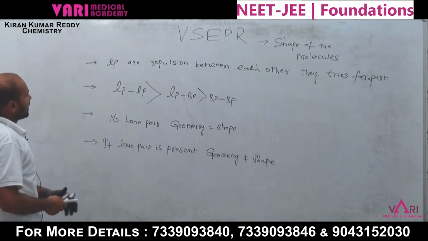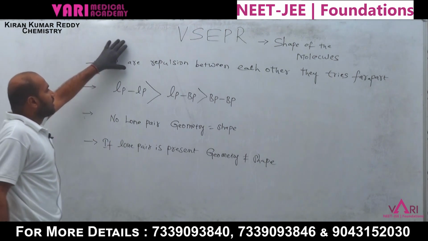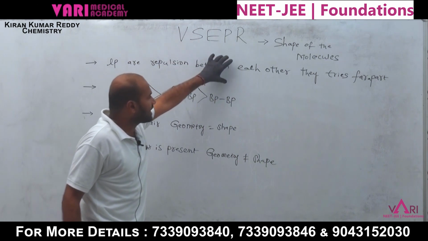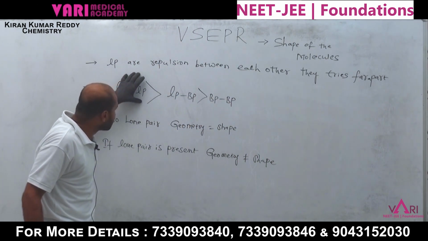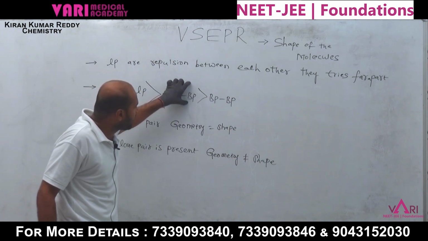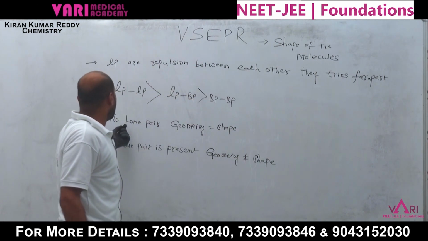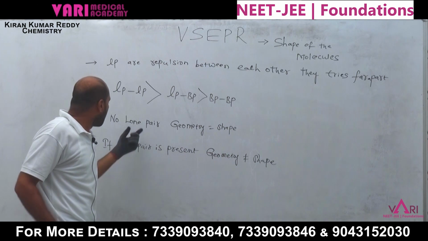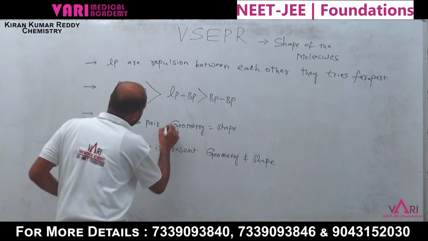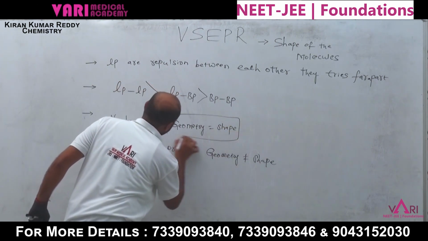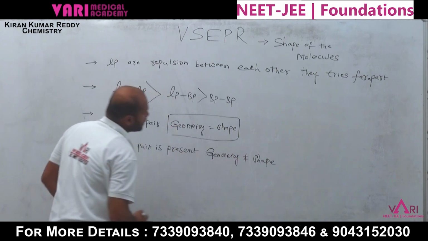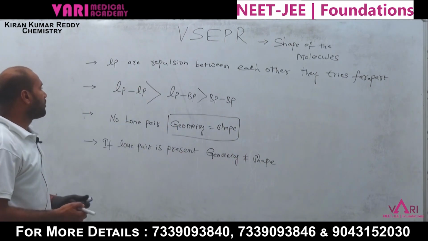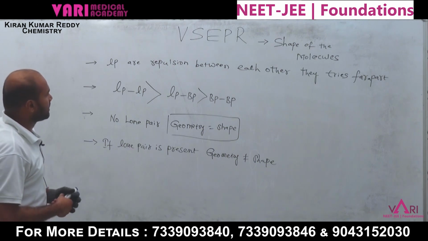To recap, the first point is that lone pairs repel each other and try to stay far apart. Lone pair lone pair repulsions are more than lone pair bond pair. If no lone pair is present, geometry is equal to shape. If a lone pair is present, geometry is not equal to shape. These are the important points of VSEPR theory.